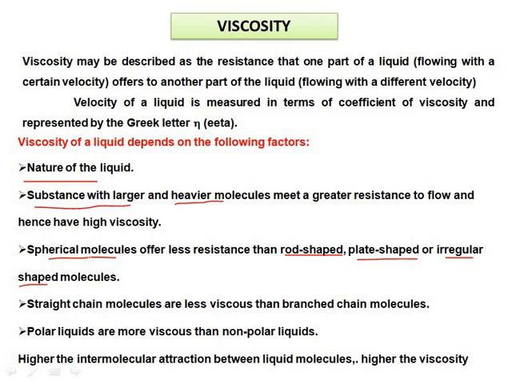Spherical molecules have very low viscosity because they move very fast. Next point, straight chain molecules are less viscous as compared to branched chain molecules. Branched chain molecules are more viscous than straight chain.